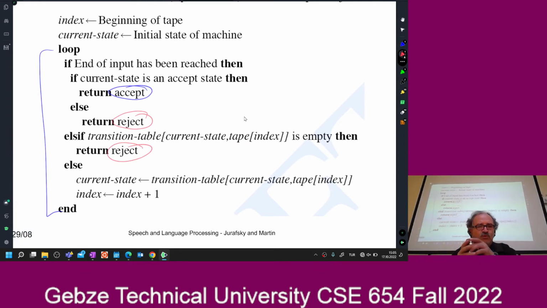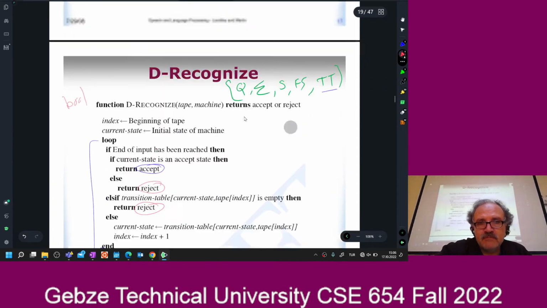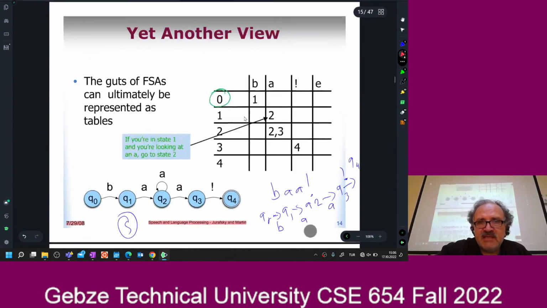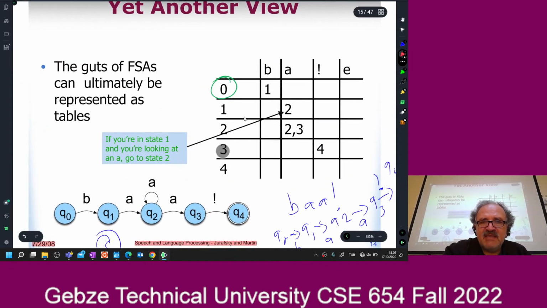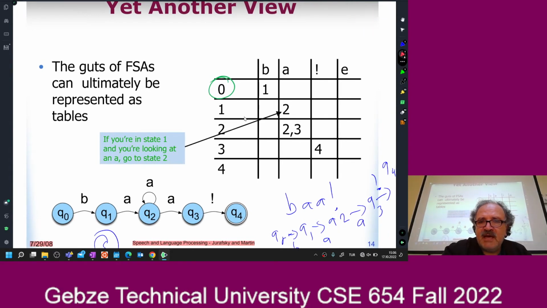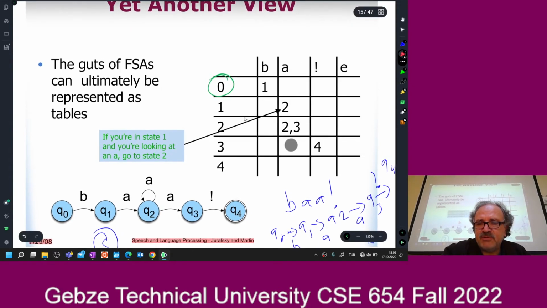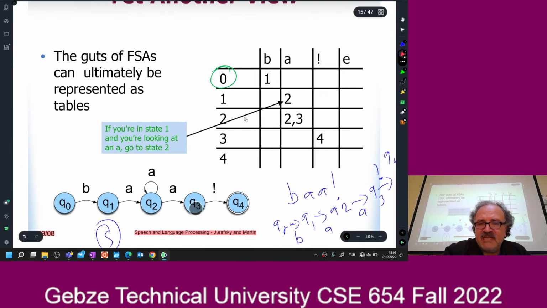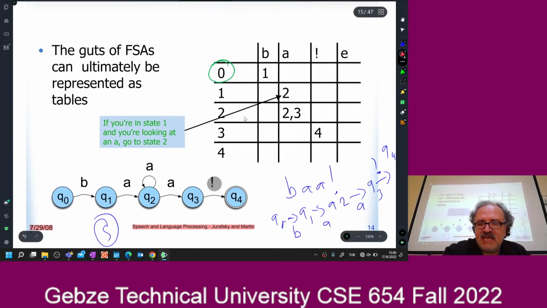It looks like there are two ways to reject a string. One is that I read everything, but I am not at an accept state, a final state. The second one is an empty cell in the transition table: we are going to an empty cell, so we reject. For example, I am at state 3 and I get an A as input.